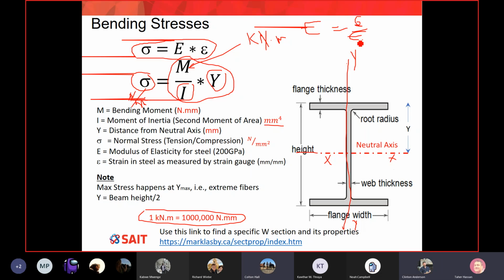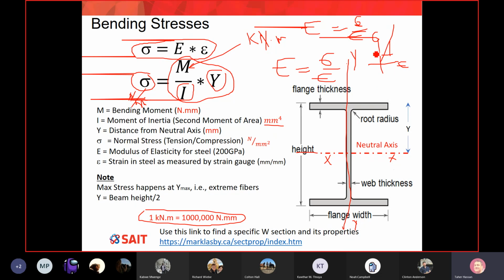Kinda. Again, look at this. When you find the slope of the line, E is equal to the stress divided by the strain. You found the slope of the line, where this was the sigma and this one was the epsilon. Simply, it's a line equation.